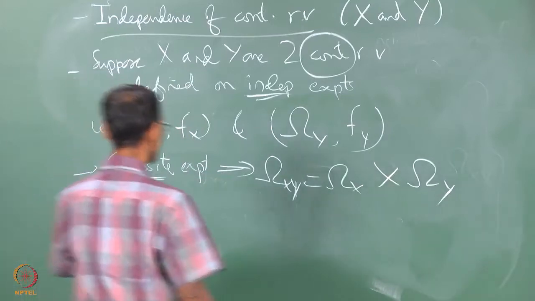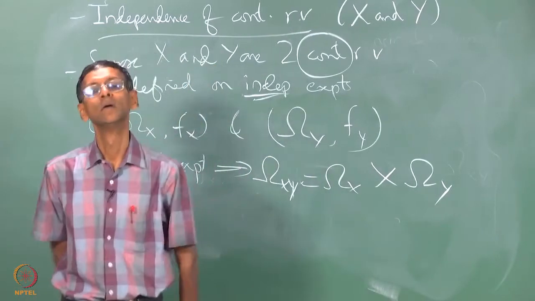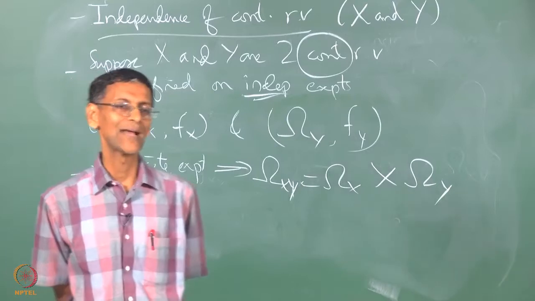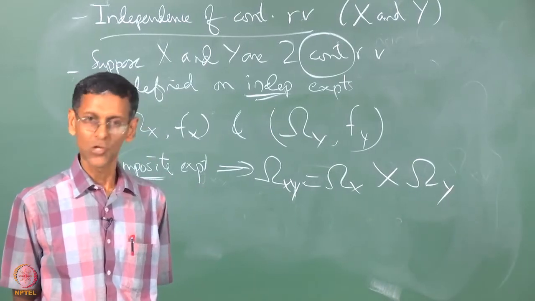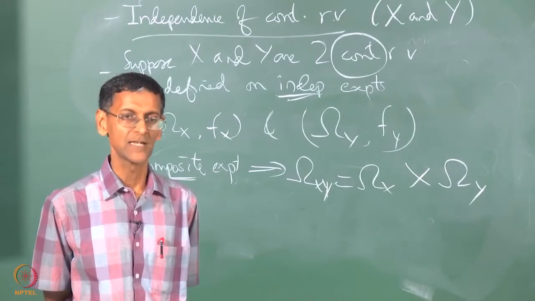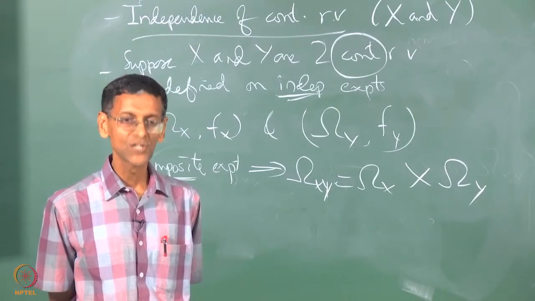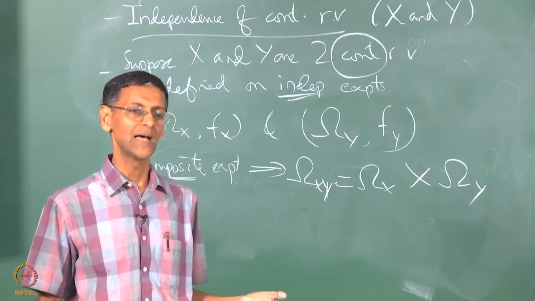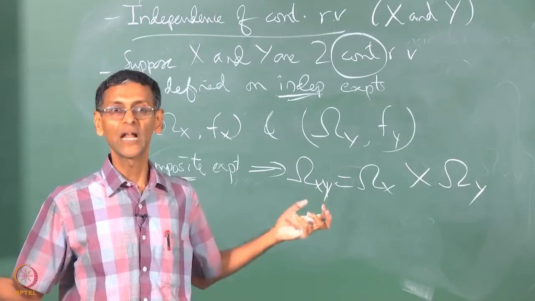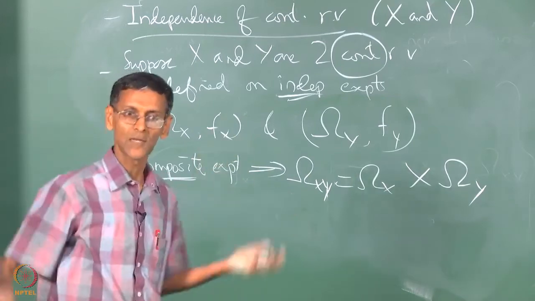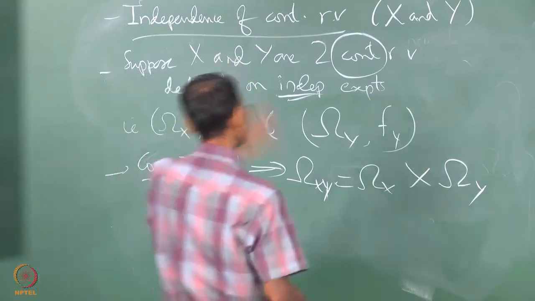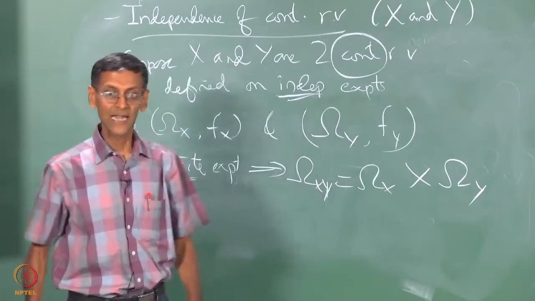So what can you say about this region omega XY now? It has to be rectangular in shape, or maybe the whole plane, which is also considered rectangular in this sense. But essentially it has to be rectangular, and not just any rectangle: it has to be aligned with the two axes, it cannot be some rotated rectangle and so on.